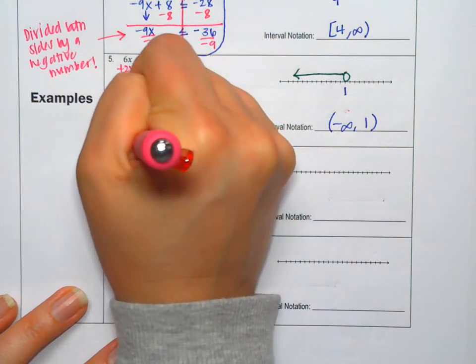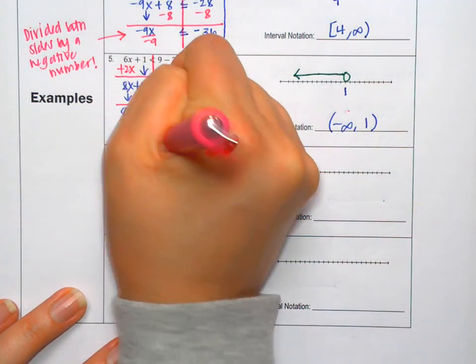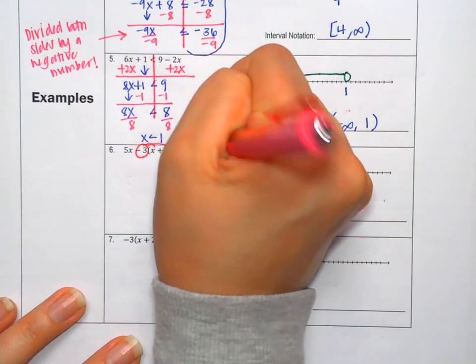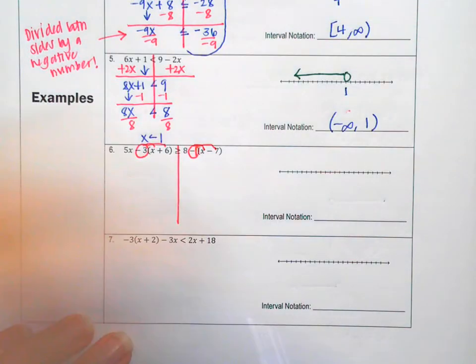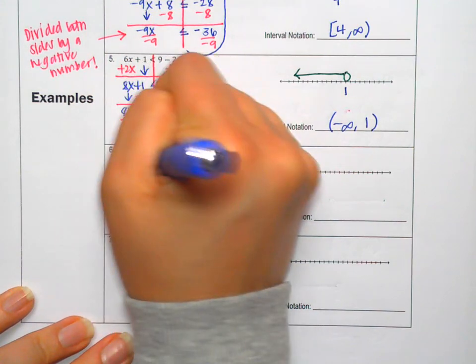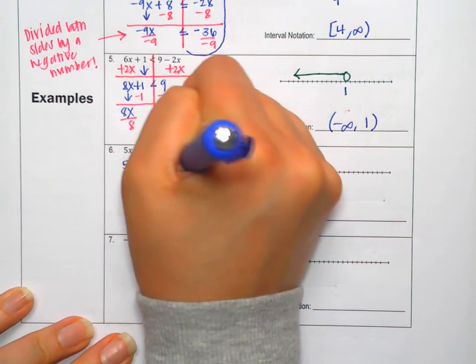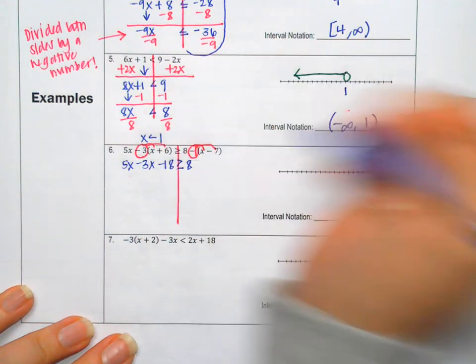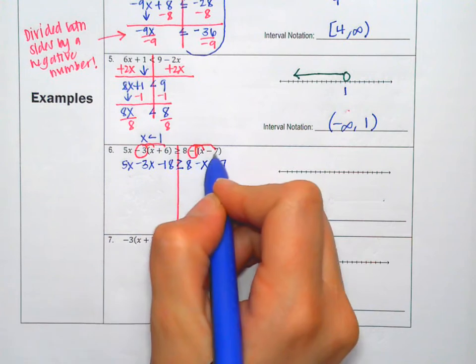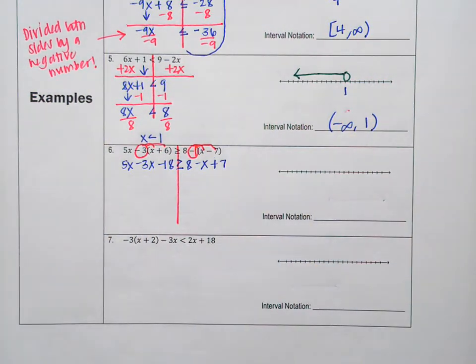So I have to distribute the -3 to the x and the 6, and I have to distribute, remember that's a -1 to the x and the -7. So 5x minus 3x minus 18 is greater than or equal to, the 8 comes down, and then -x plus 7, because -1 times -7 is +7.